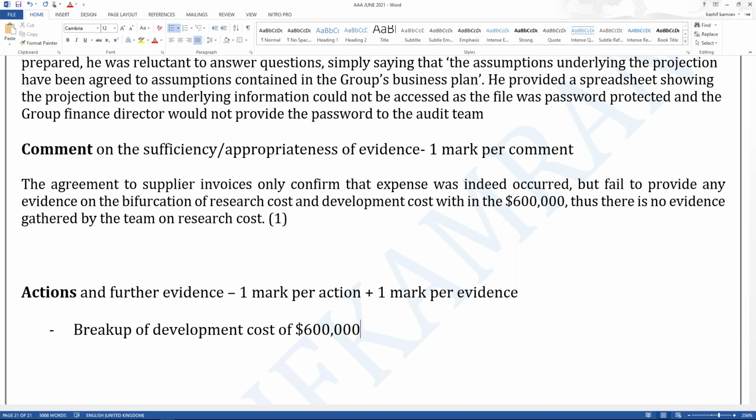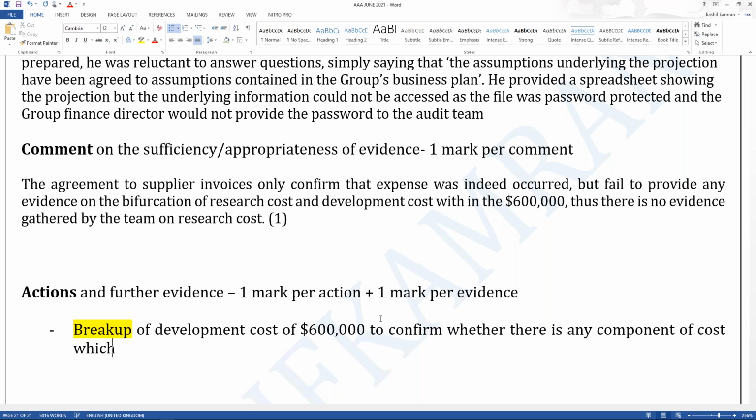So in the exam, you never say copy of the breakup, you say breakup, because management provides the breakup to the auditor directly, right? So even if you write the word copy of breakup, no issues, right? So the evidence you need is the breakup of the development cost of 600,000 to confirm whether there is any component of cost which should be classified as research cost.